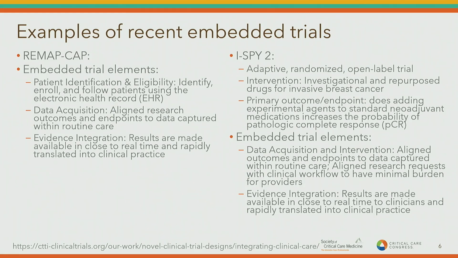The REMAP-CAP platform does embed the data acquisition piece, so the research outcomes and endpoints are aligned with clinically available outcomes, and evidence integration, so results come out fairly quickly.